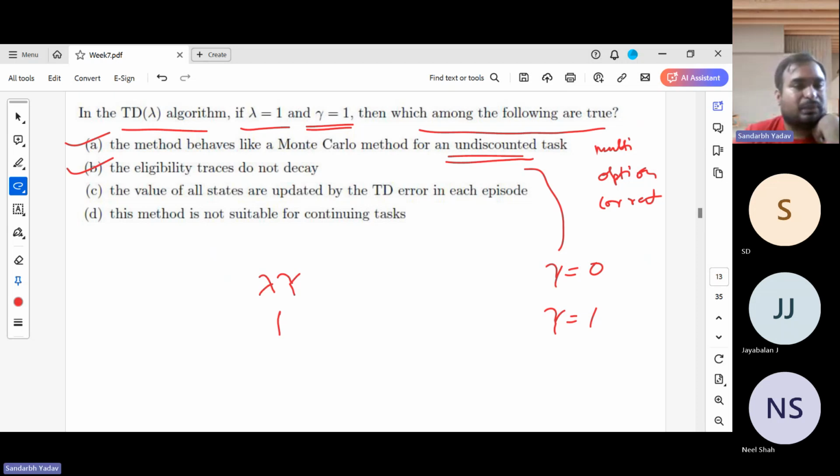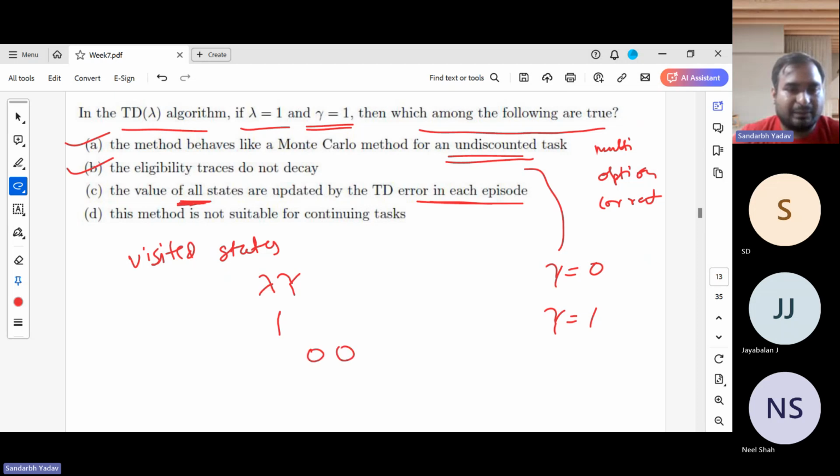The third option is that the values of all states are updated by the TD error in each episode. The key point here is all states. Will all the states get updated by the TD error? No, because only the visited states get updated, since they have a contribution.